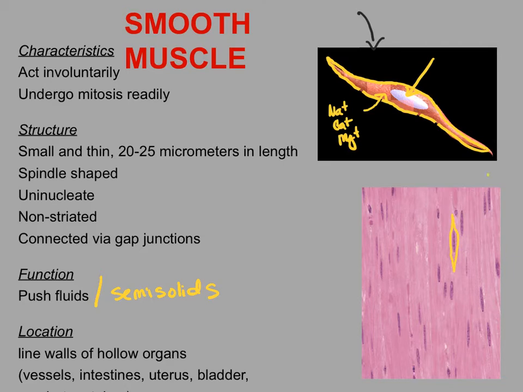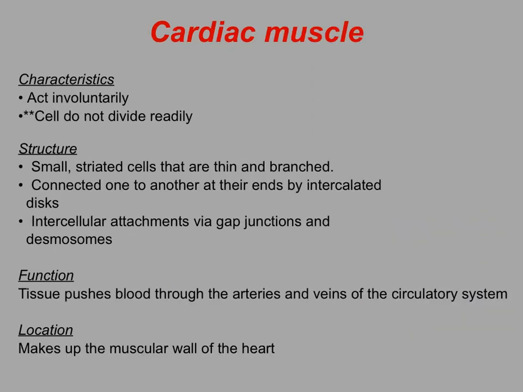These purple structures are the nuclei, but it's really difficult to see the cell membrane when you've got so many cells packed together here. But one thing I want you to recognize is the smooth appearance of the tissue. There are no striations like you're going to see in the next two types of muscle that we learn about. Okay, then we can move on to cardiac muscle, and the picture will be on the next slide.